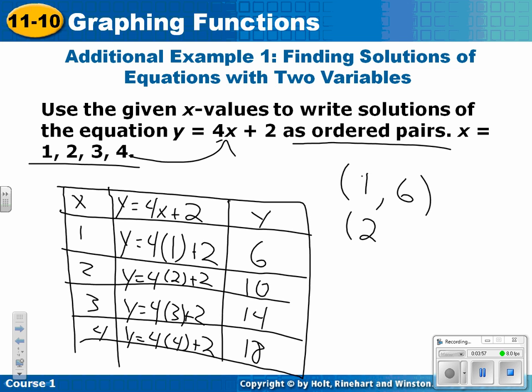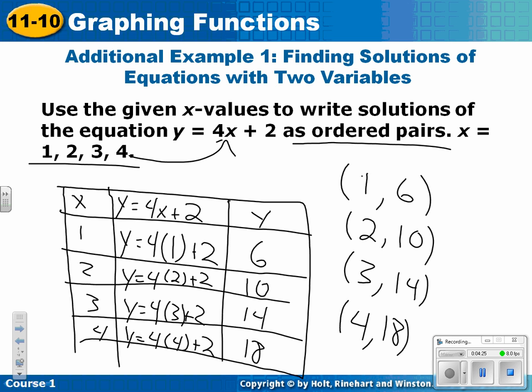When x is 2, y is what? Jeremiah? 10. When x is 3, y is what, Kevin? Look at the chart. 14. And when x is 4, y is what? Jonathan? 18. Okay.